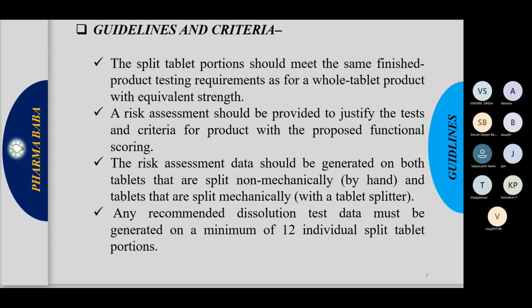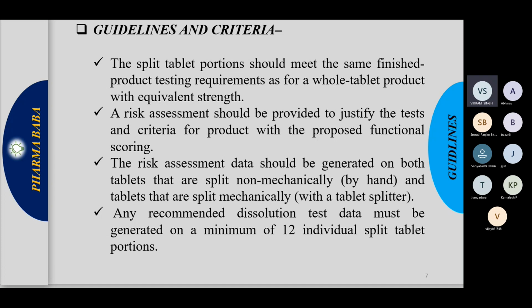Okay. Then a risk assessment should be provided to justify the tests and criteria for the product with the proposed functional scoring. So for the tests you are conducting on the split tablet portion, you can make a risk assessment. For example, if you are splitting, then description cannot be met, right? So you can easily skip that description part for the split tablet portion.